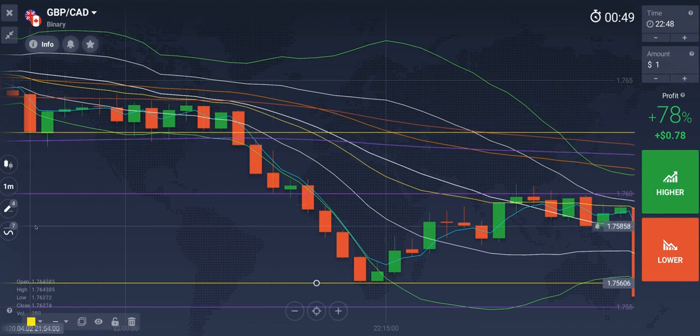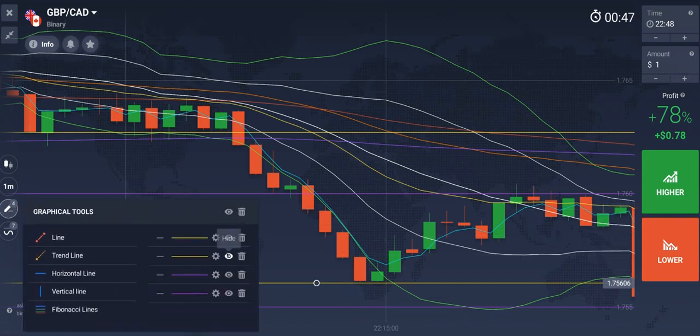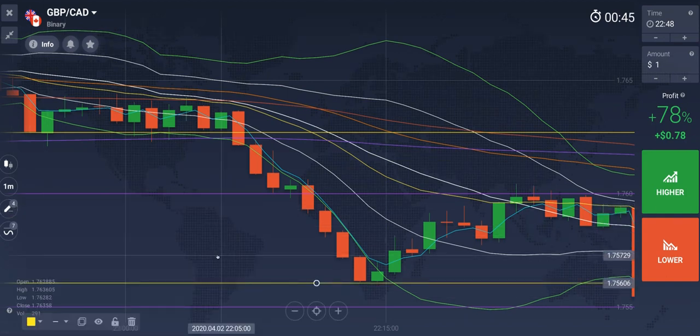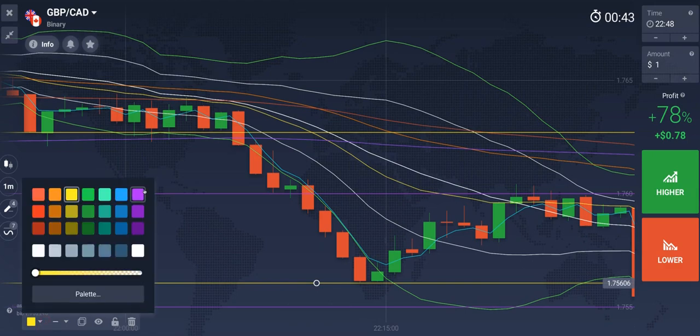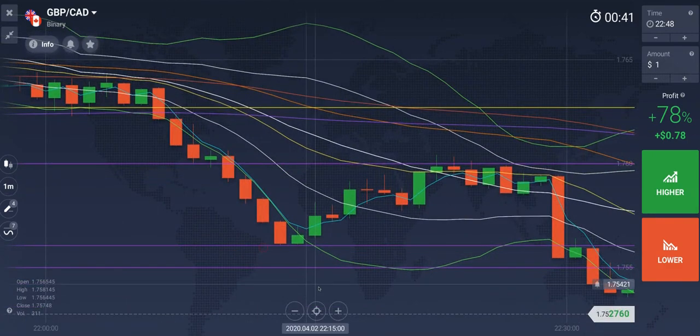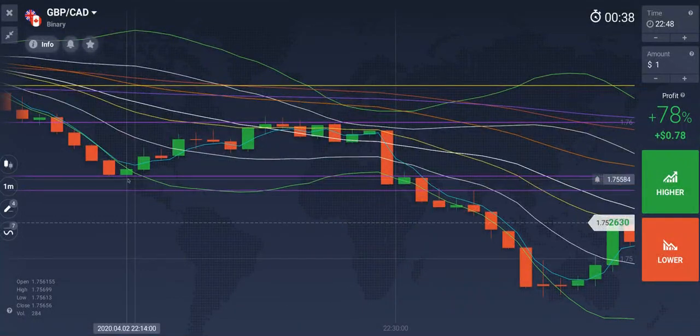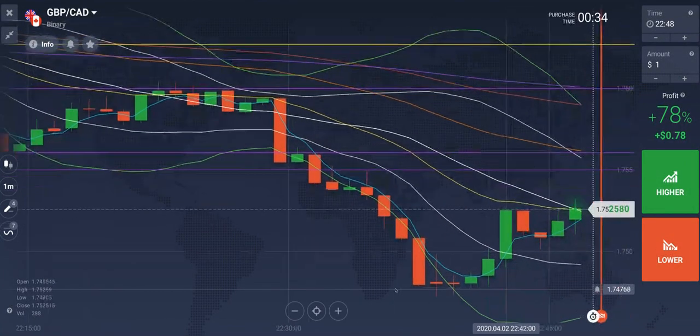This is 70. This is also a purple level. You can see how the price behaves to break this level, retest confirmation, and goes down.